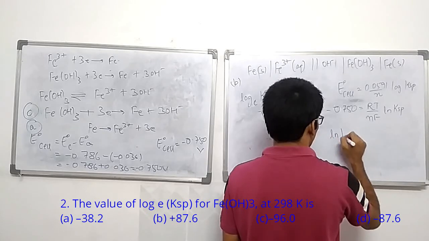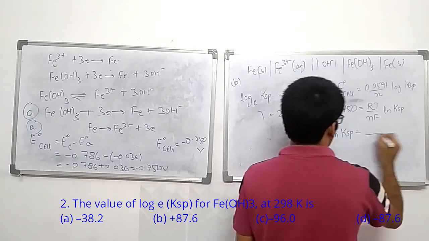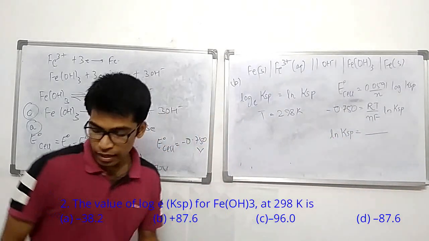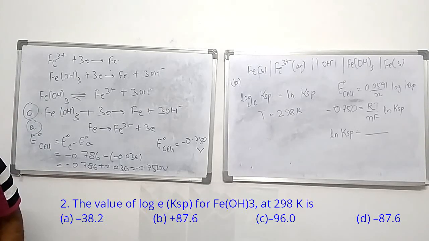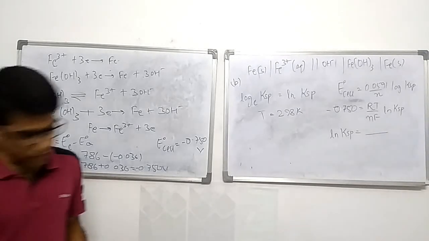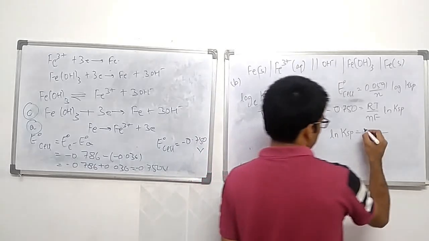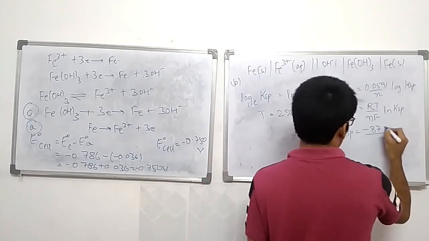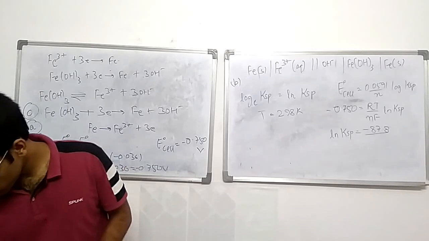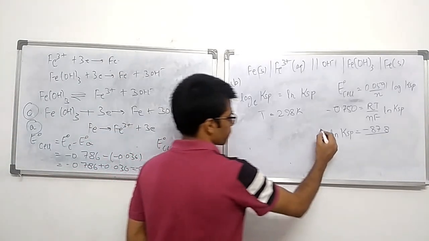From here we can find ln KSP by putting all the values, and that would be minus 87.8, which is the option D.